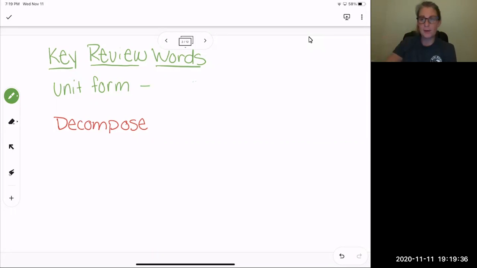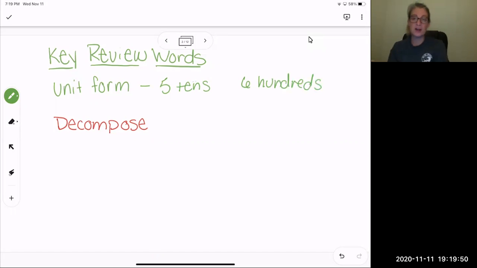So if we were talking about 50, instead of writing 50, we would write 5 tens. Or if we were talking about 600, we would write 6 hundreds. Unit form is very important for this lesson in making sure that we understand all of the place value involved with multiplying multiple digit numbers.